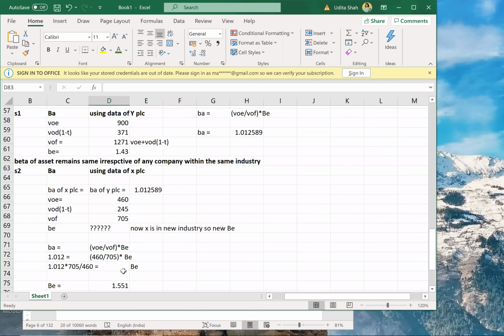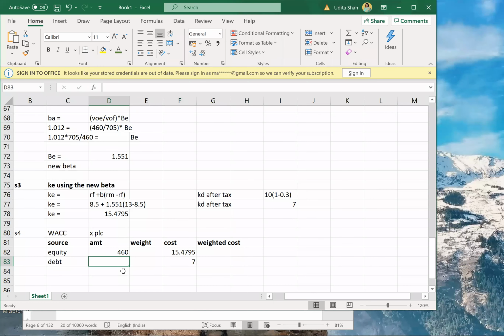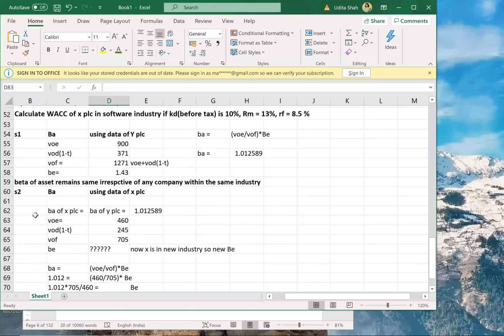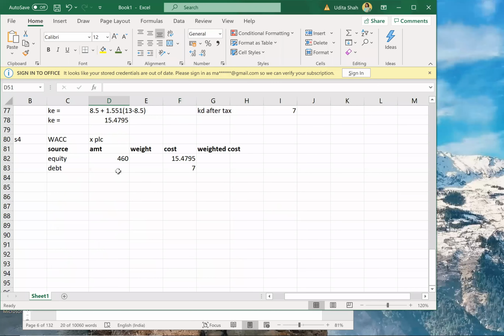Take the original amount. Debt was how much? Value of debt was 350. Why I am not taking 350 into 1 minus t? Because here at cost I have already done 1 minus t. Okay. KD, I have already taken KD after tax. I should not take debt also after tax. Otherwise, there will be two taxation benefits.